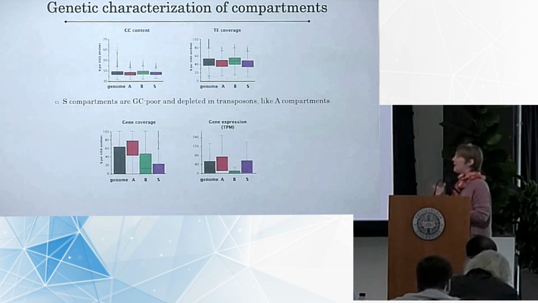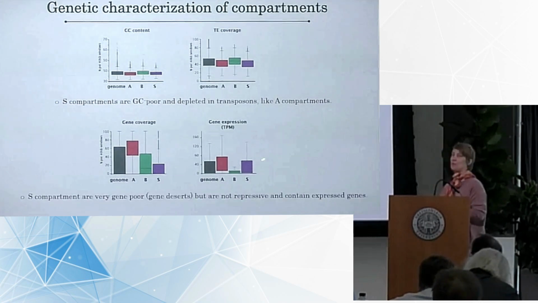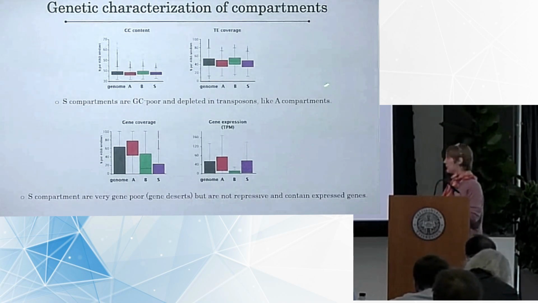But their main characteristic is actually to be very gene poor, and they often correspond to gene deserts. Yet, if we look at gene expression using RNA-seq, we can see that these genes can actually be expressed, at a similar level as the genome-wide expression.